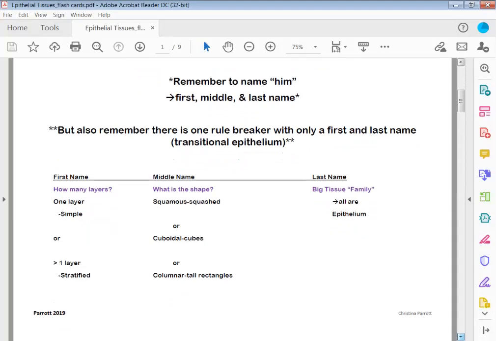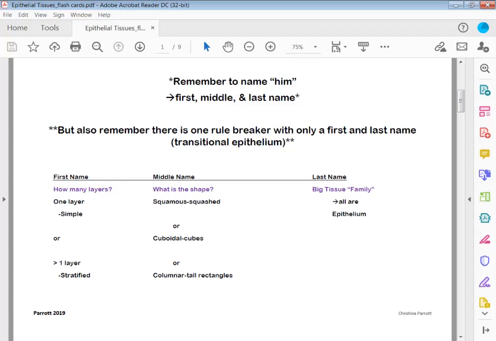So right here you will see that the first name is going to be how many layers this epithelial tissue has. If it has one layer, then the first name is simple. If it has multiple layers, then the first name is stratified. The middle name is going to be what shape the top layer of cells have.